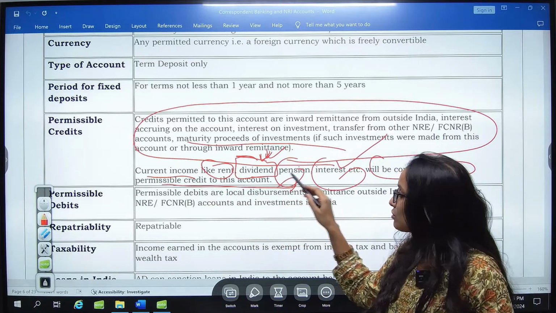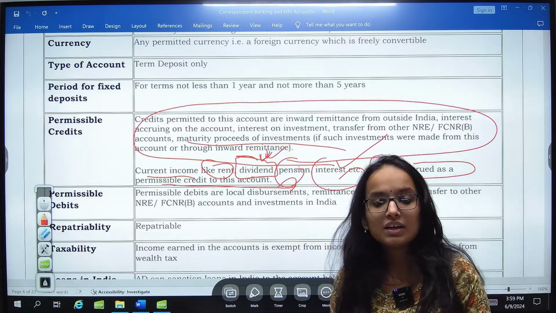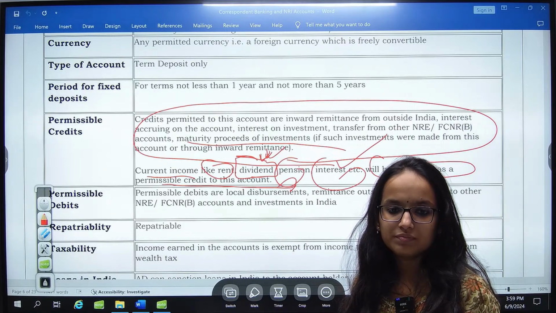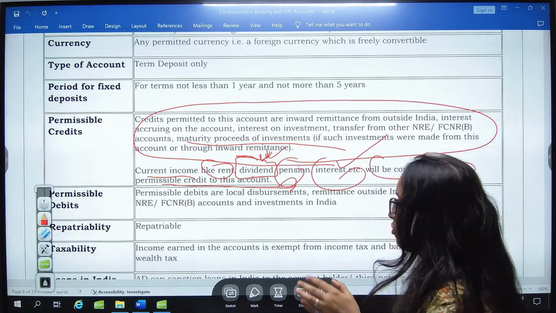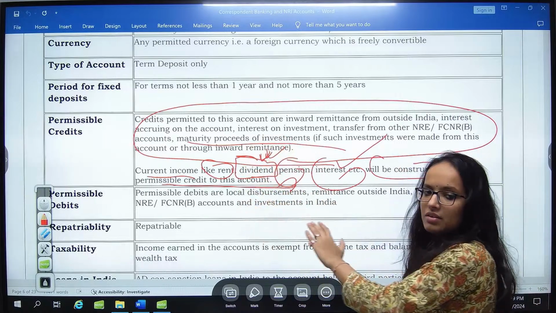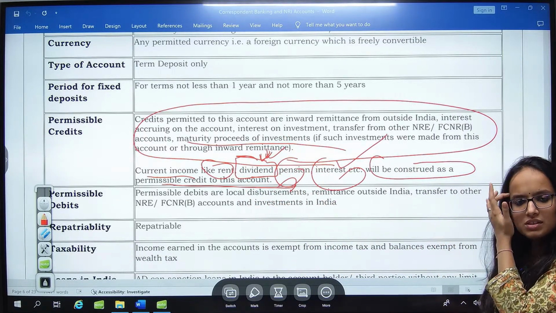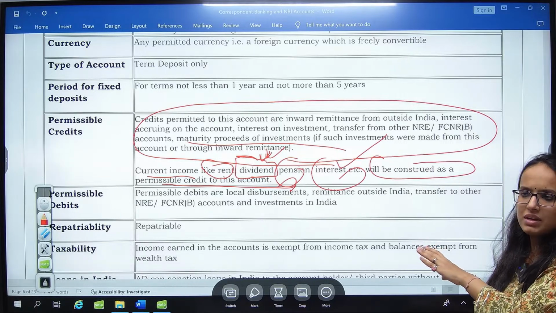These current income sources will also be considered permissible under this account. Clear? I hope these permissible credits are very clear to you, right? Easy to remember, just keep on revising, you will be handy about them.